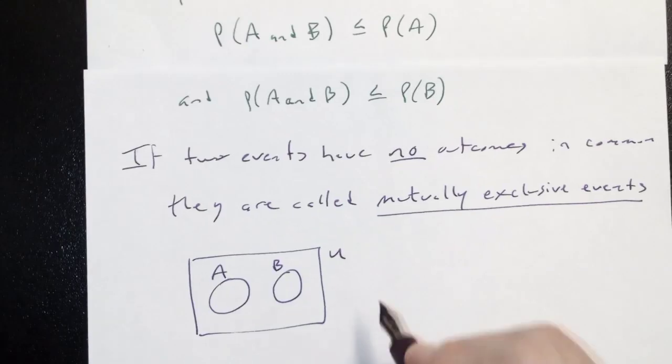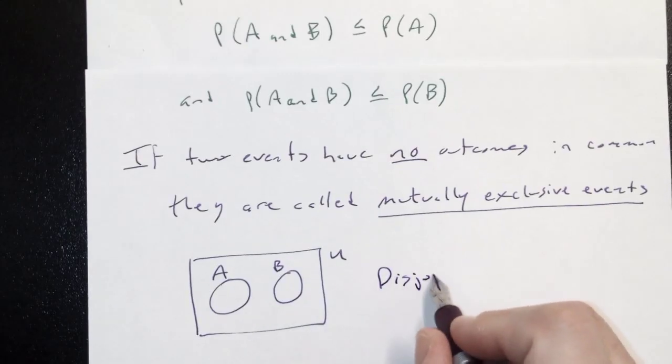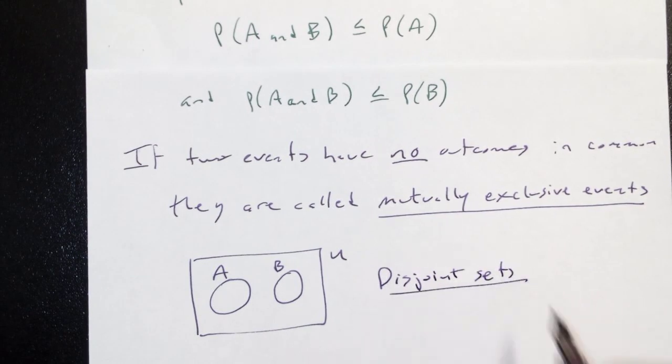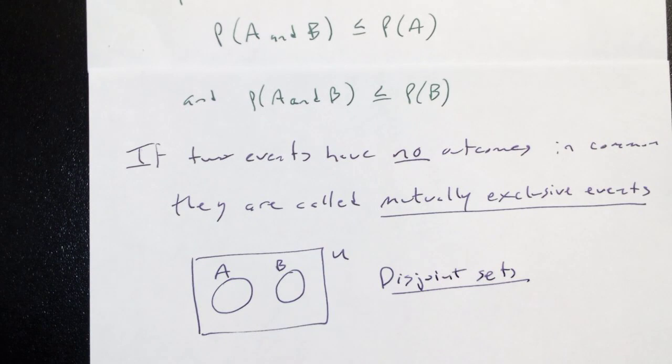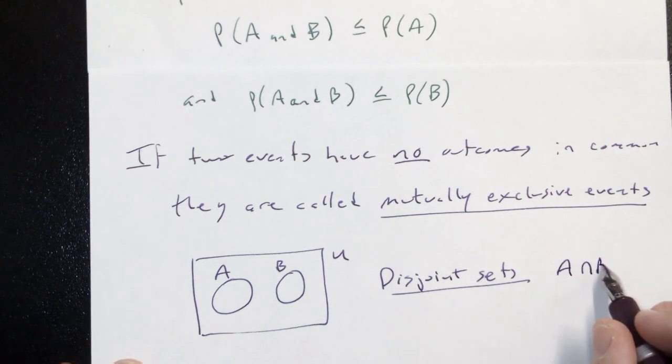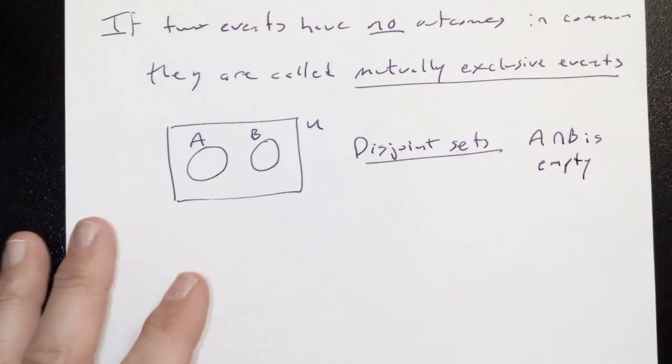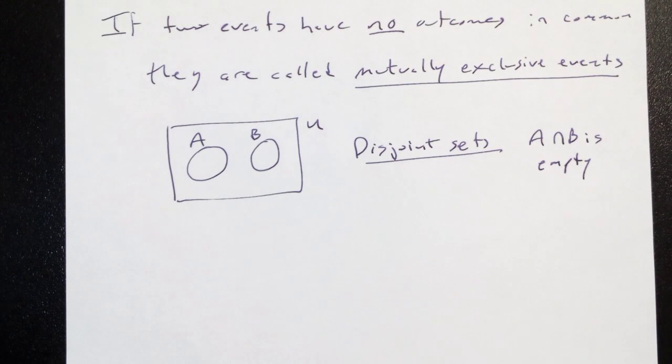In set terms, we call these disjoint sets. And we indicate that their intersection is empty. Now, because I'm a math geek, I use the empty set a lot.